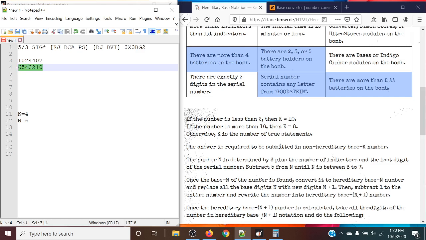What all these mean is essentially these will be the exponents of 6. So this would be 6 to the power of 0, and so on and so forth: 6 to the power of 1, 6 to the power of 2, 6 to the power of 3, etc. This being our constant, we don't have to write anything for 6 to the power of 0 because it is just a multiple of 1.